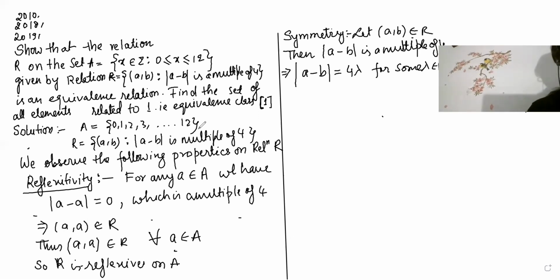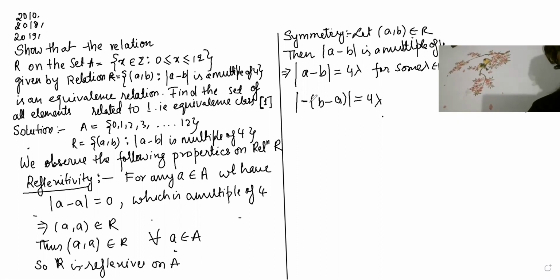Now we take minus common here, and it becomes b minus a, which is equal to 4 lambda.